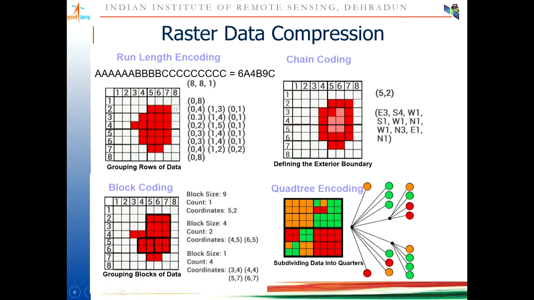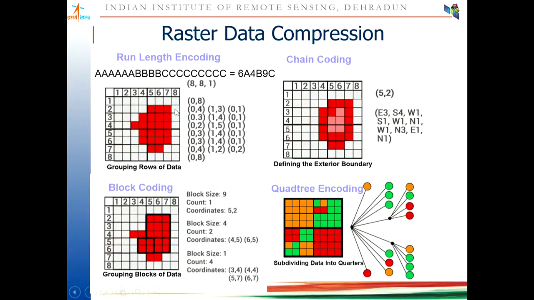And that's being applied. In this case, just an example of a row-wise run length encoding. In the first row we have no information, which means 0 is repeated 8 times. In the second row, 0 is repeated 4 times, then the red colored feature, represented as 1, is repeated 3 times, and finally 0 is repeated again.